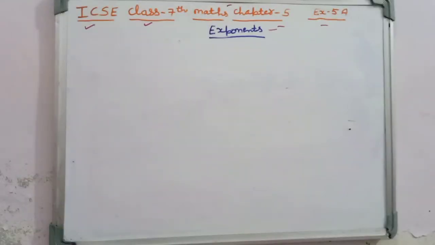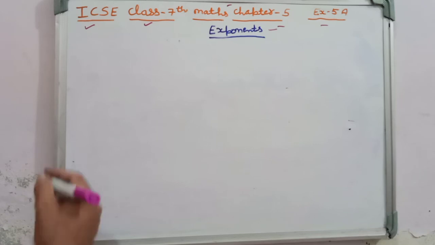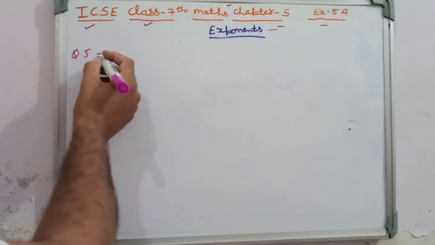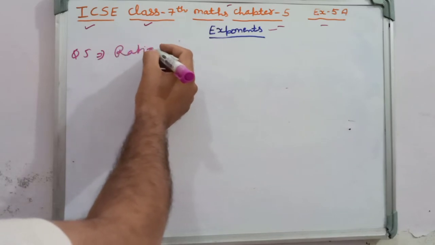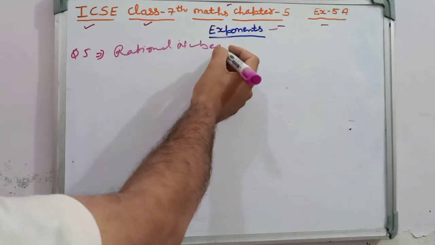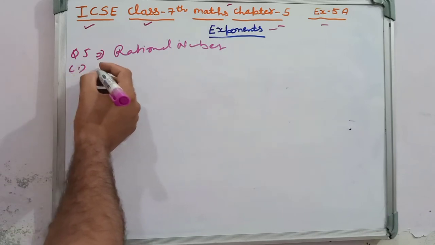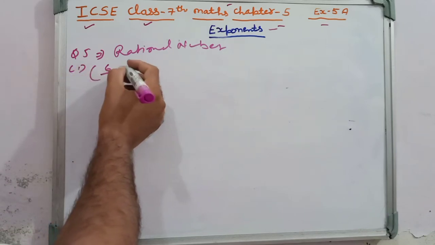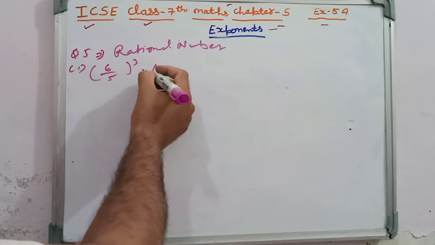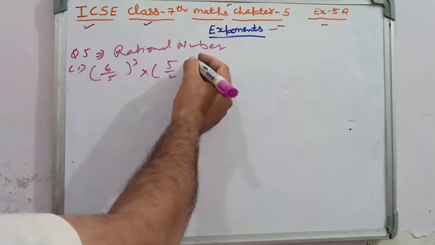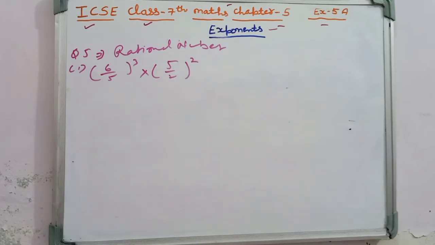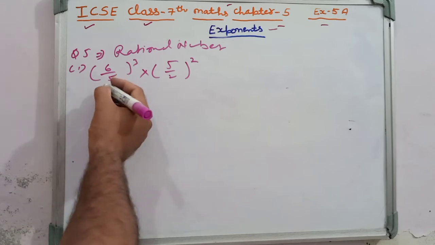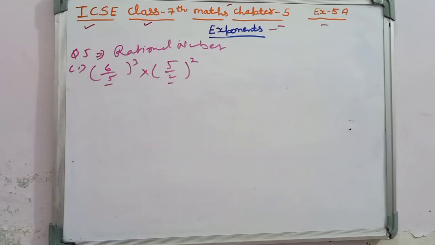Now question number 5. Express each of the following as a rational number. First is 6 upon 5 raised to power 3 multiplied by 5 upon 2 raised to power 2. Now students, the bases are different.